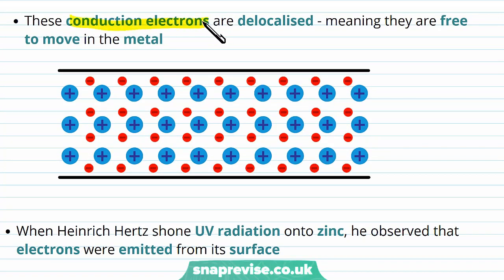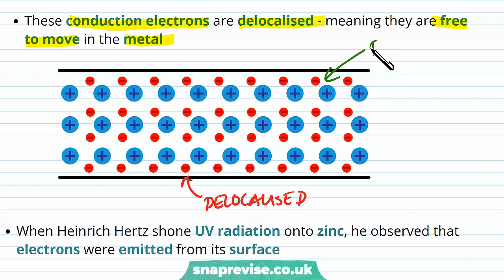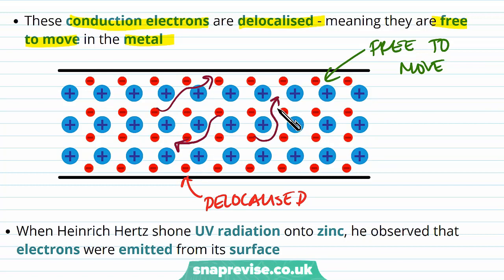These conduction electrons are delocalized, meaning they are free to move in the metal. So for example, this one might move here, this might move through here. Essentially, the electrons aren't bound to the ions, they're free to move around the metal.